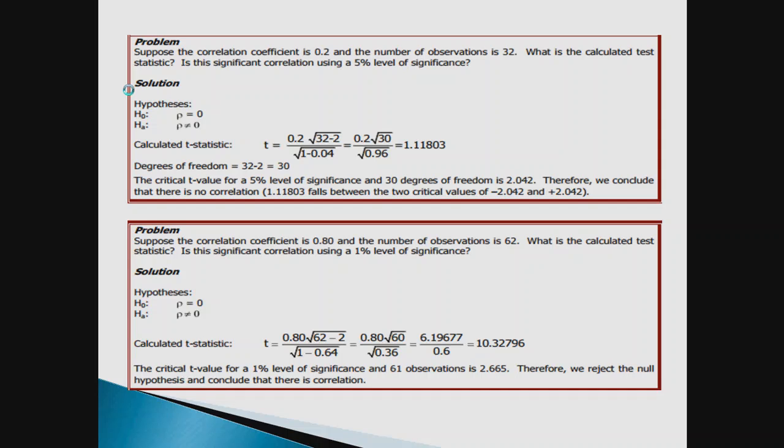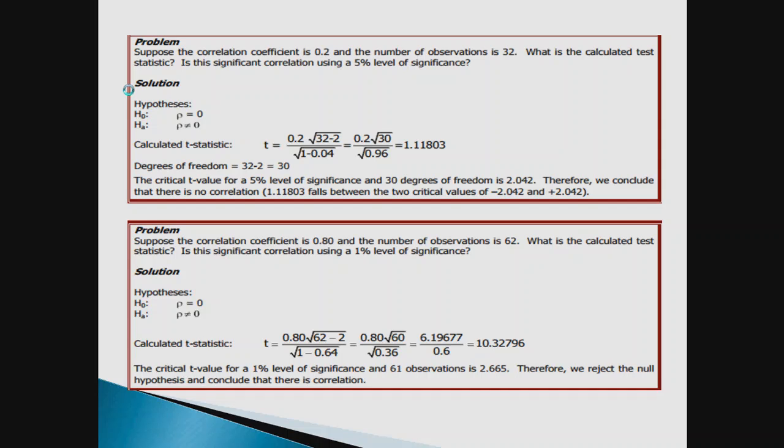The critical t value for 5% level of significance and 30 degrees of freedom from the table is 2.042. Since the calculated t statistic is smaller than the critical t value, we conclude that the null hypothesis is accepted, which means rho is equal to 0 and there is no relationship between the two variables.